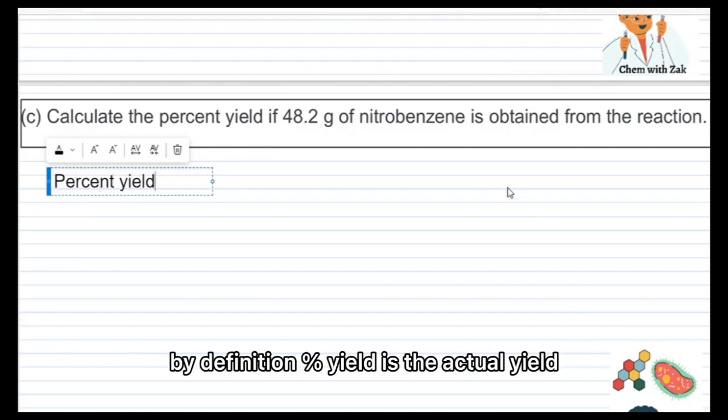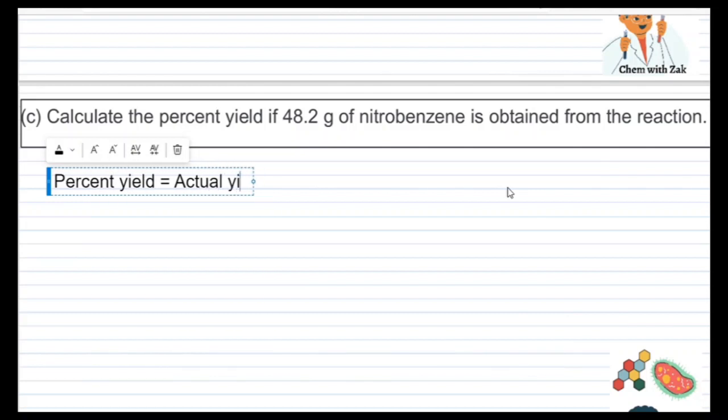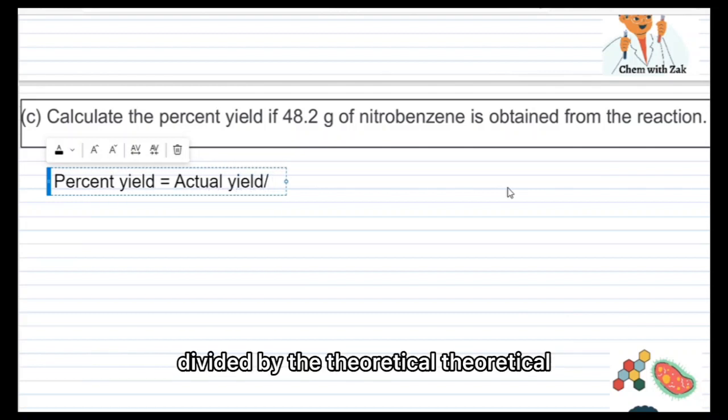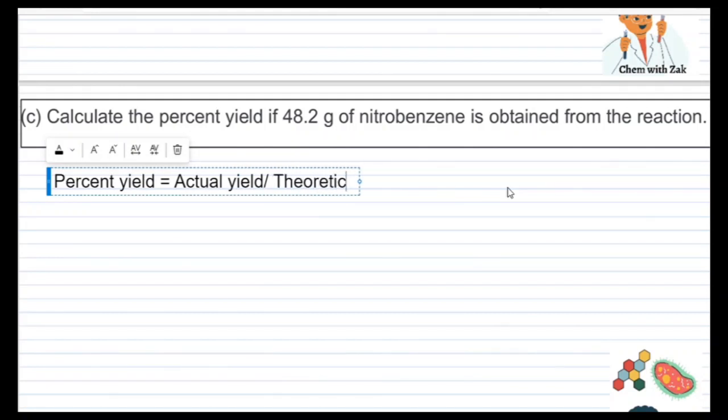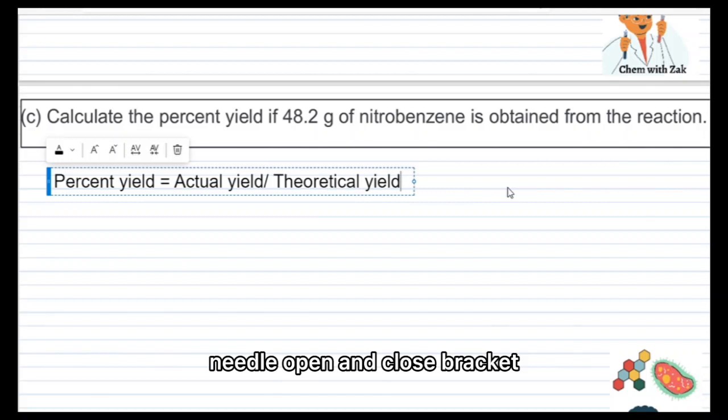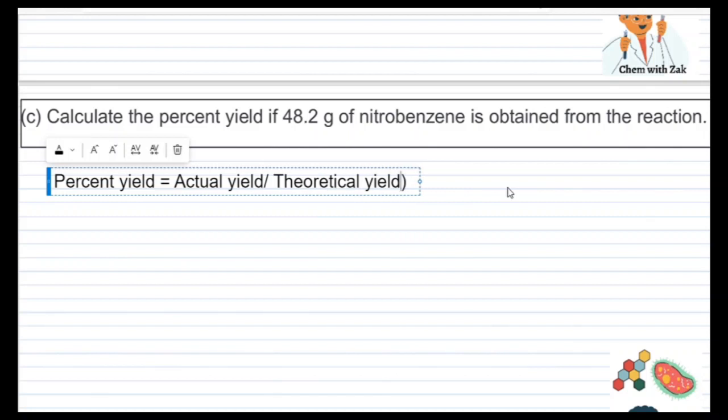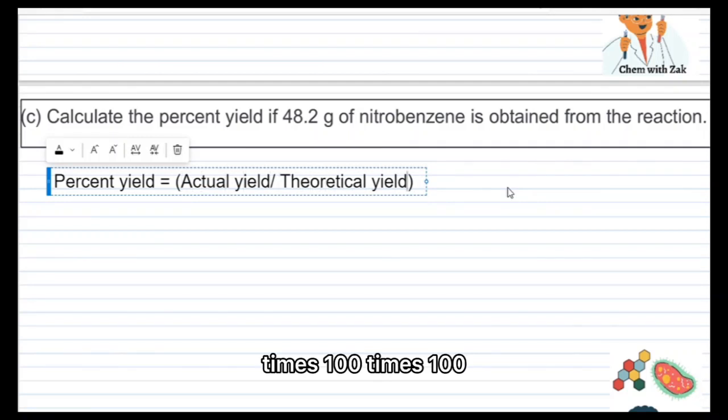By definition, percent yield is the actual yield divided by the theoretical yield, open and close bracket, times 100.